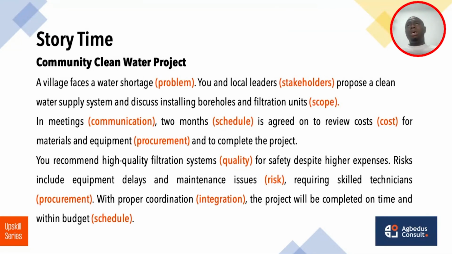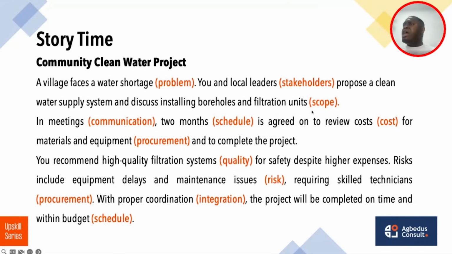One other thing you can see here is stakeholders. With stakeholders, there are two classes: key stakeholders and other stakeholders. Even with the other stakeholders, we have direct stakeholders and indirect stakeholders. I'll shed more light on that. As you read the story, you realize that they want to focus on installing boreholes and filtering units.